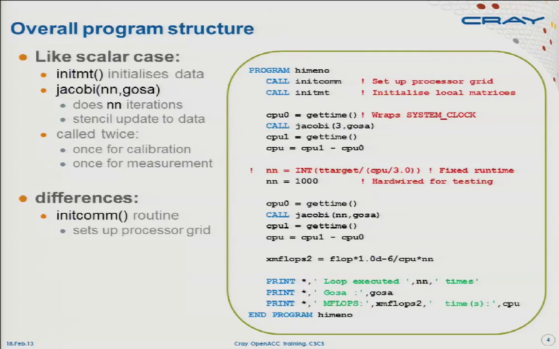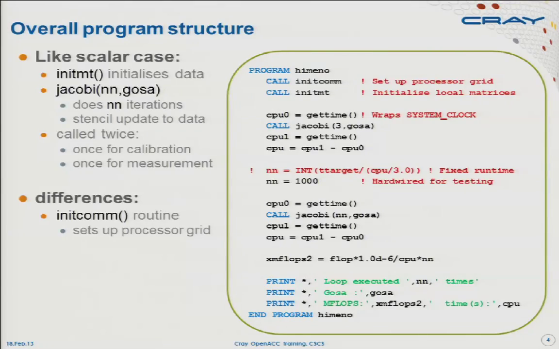Well, it's very like what we saw before. There's an initMT that initializes the local matrices. It calls this Jacobi routine twice. The first time it was calling it just to calibrate what it did later on, and the second call is where it actually did a performance estimate.